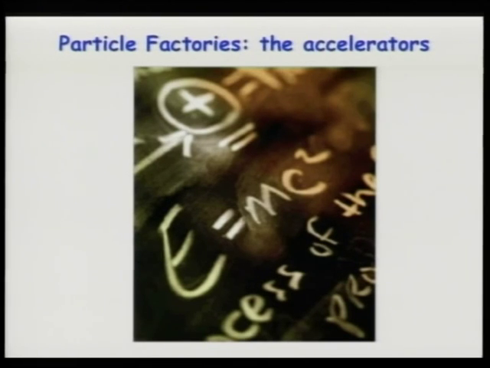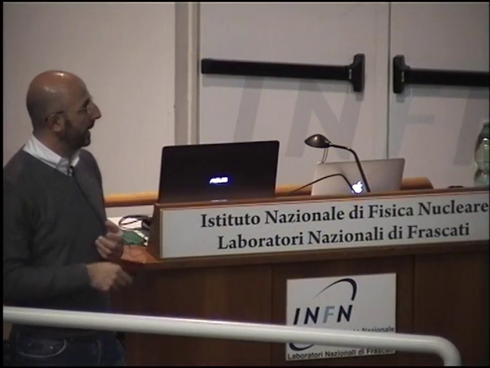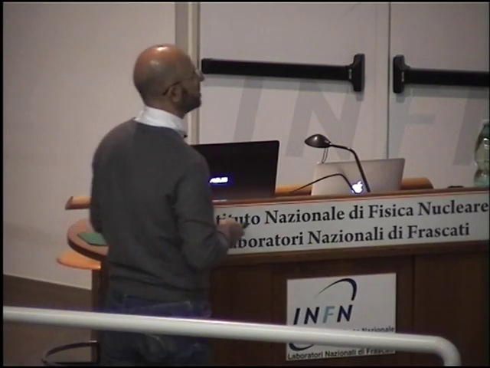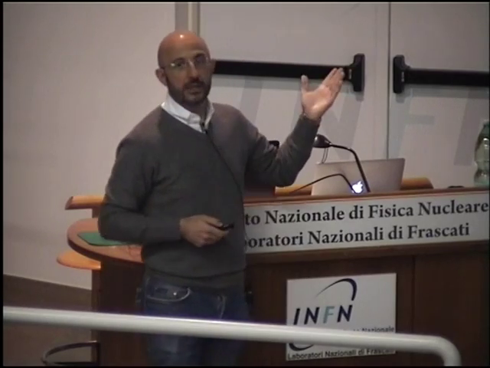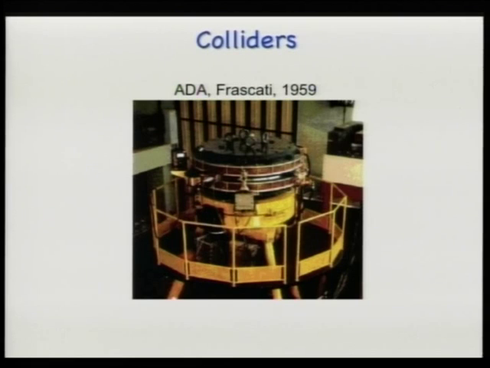So this is, let's say, in a very naive way, the way in which the particle factories, so the accelerators, work. And I don't know, maybe you have seen already this guy, Ada. It's at the entrance, more or less, of the lab. So you know the story of Ada.